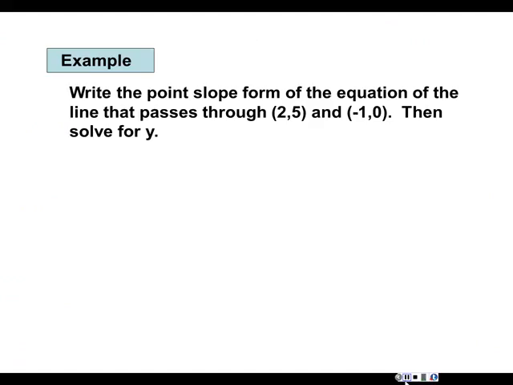So we'll first find the slope, which will be m. The equation of the slope is y2 minus y1 over x2 minus x1. Let's say we can take any point as x1, y1. So it will be like 5 minus 0 over 2 minus 1.